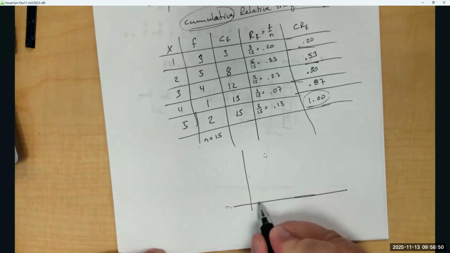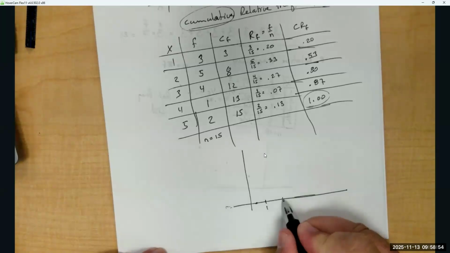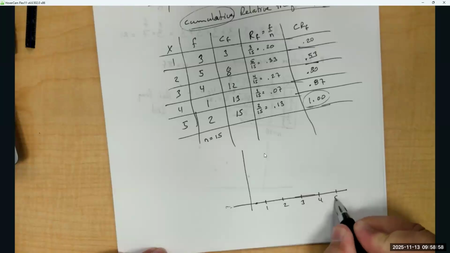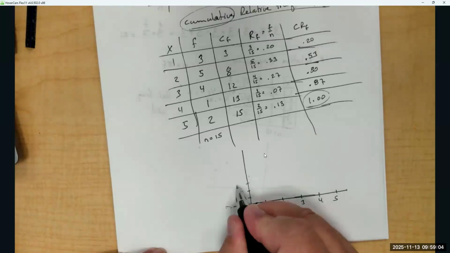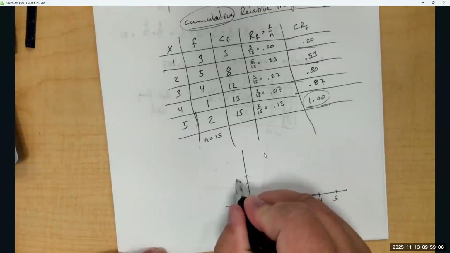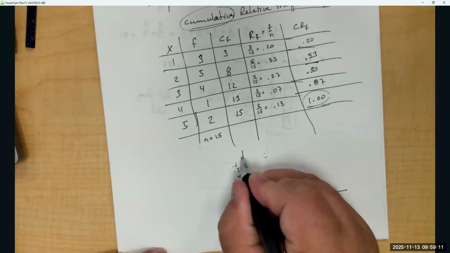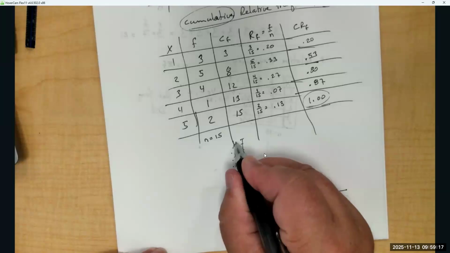What we're doing here, starting at 0, go to 1, 2, 3, 4, 5. 0.1, 0.2, 0.3, 0.4, 0.5, 0.6, 0.7, 0.8, 0.9, 1.0.